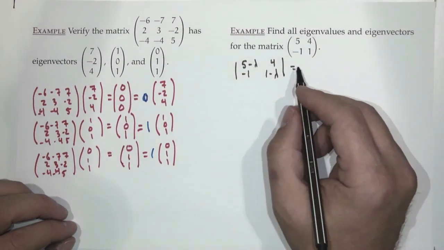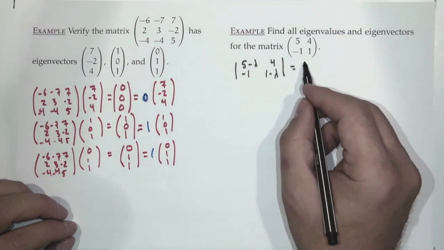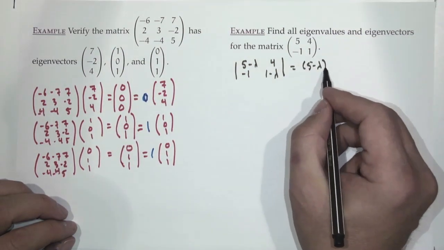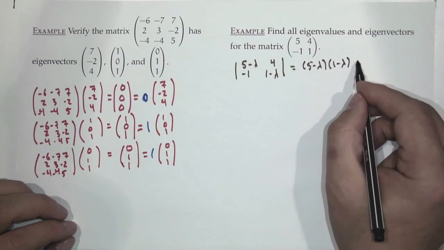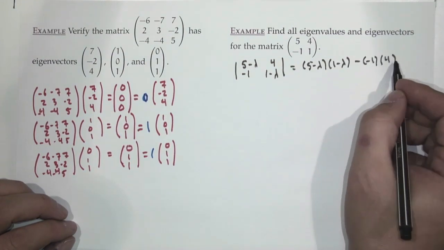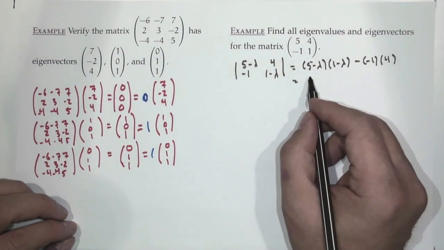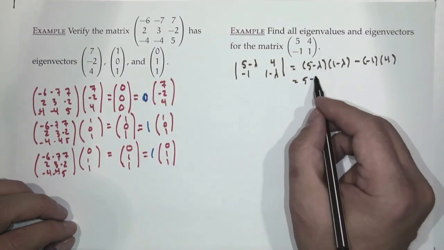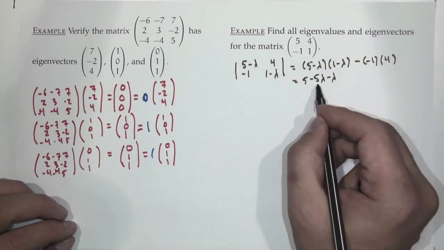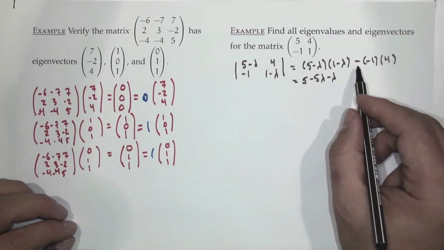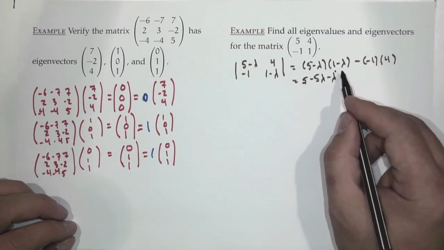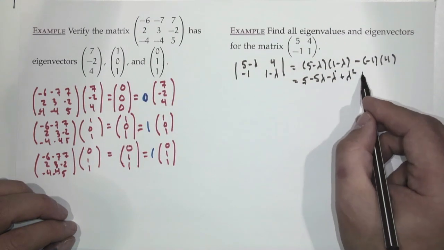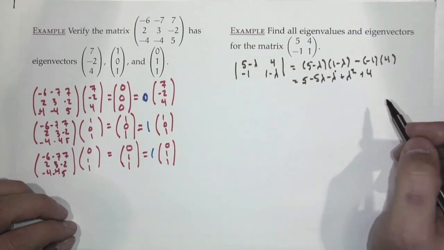So, take our A minus lambda I: 5 minus lambda, 1 minus lambda, subtract negative 1 times 4. All right, well, that's 5, then you have minus 5 lambda, minus lambda, and then there's a plus lambda squared and a plus 4. There we go. I forgot the lambda squared.